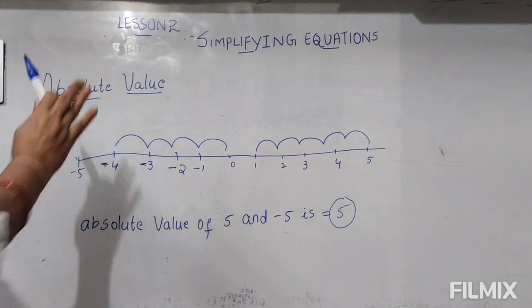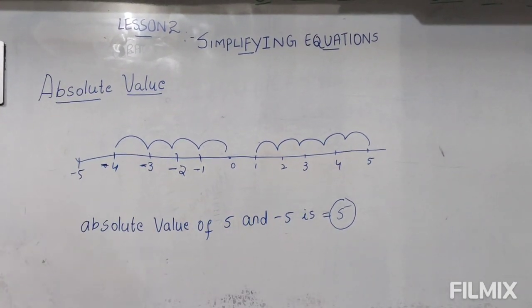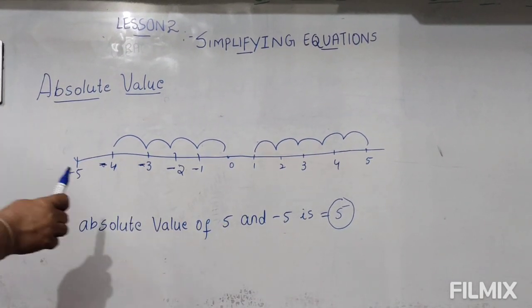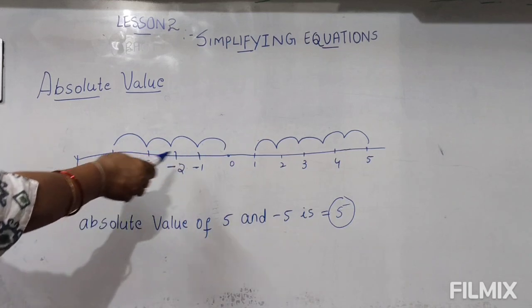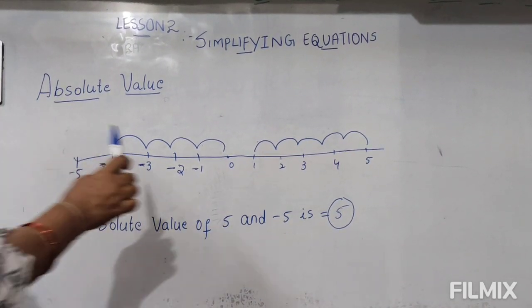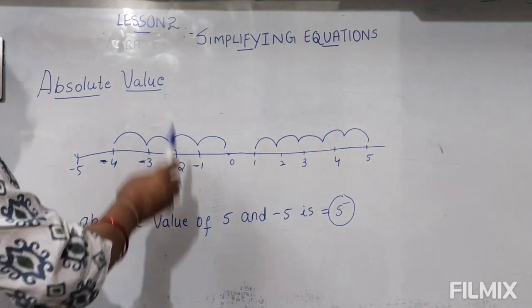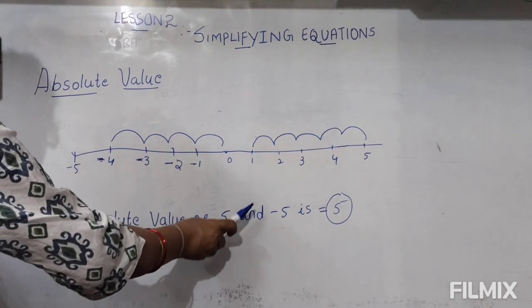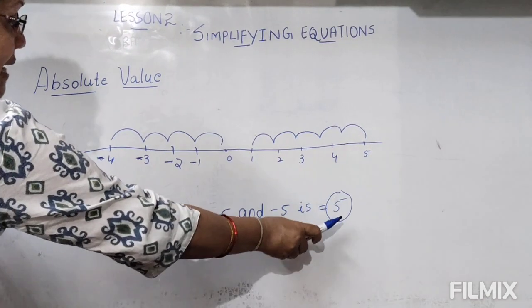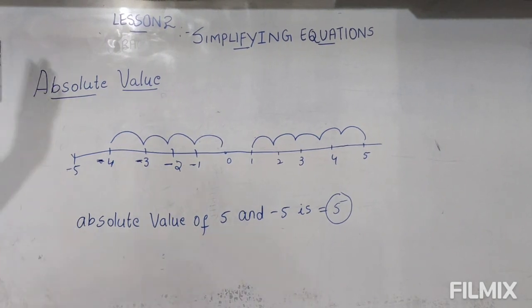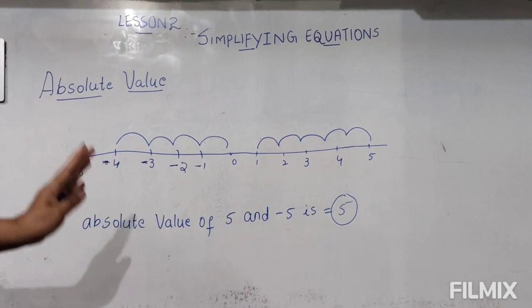Therefore, absolute value says the distance of a number on the number line from 0 without considering the direction from 0, either this way or that way. It is the positive value. The absolute value of 5 and minus 5 is plus 5. The absolute value is never negative. It is always positive.